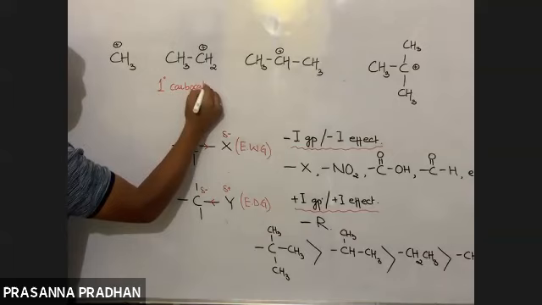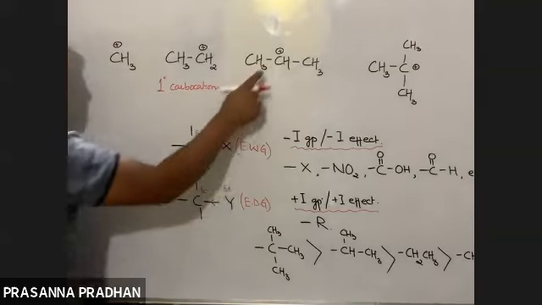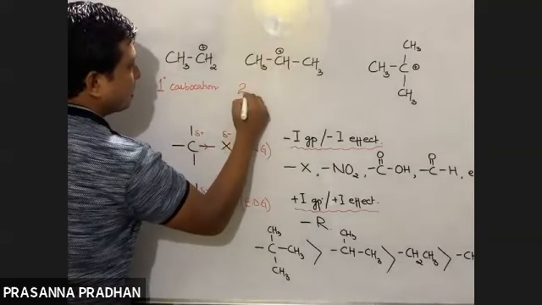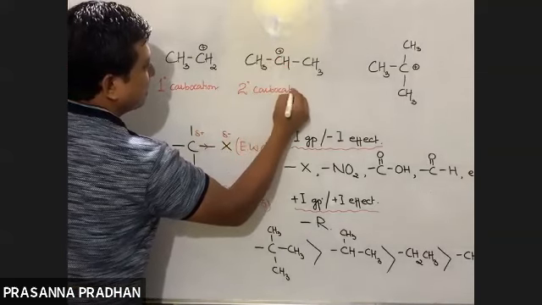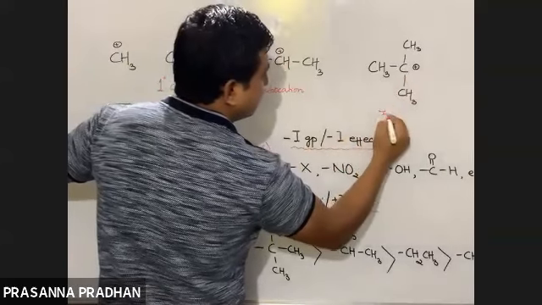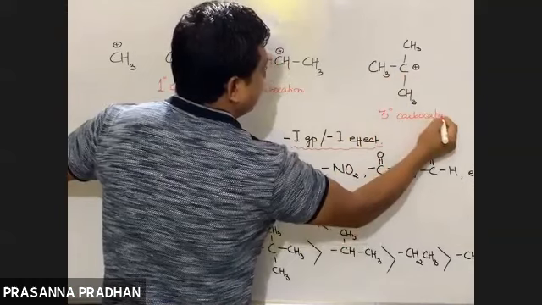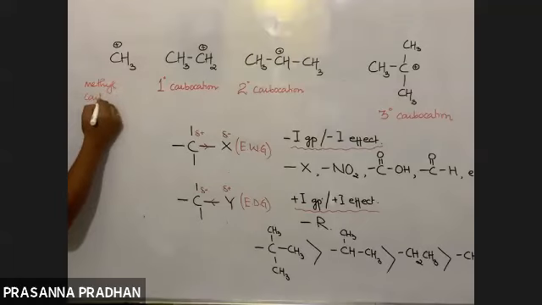Here the positive charge is on secondary carbon, so this is a 2-degree carbocation, a secondary carbocation. Here the positive charge is on 3-degree carbon, so this is a tertiary carbocation. And we just say this is a methyl carbocation.